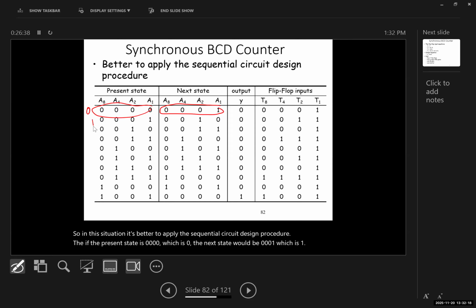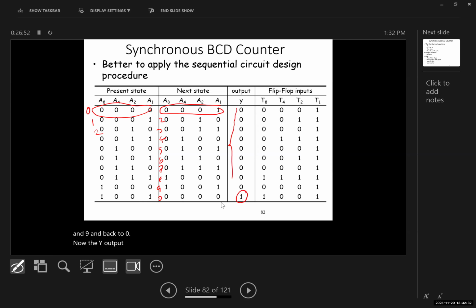And then if it's 1, next one would be 2. If it's 2, next one would be 3, and so on, 4, 5, 6, 7, 8, and 9, and back to 0. Now the Y output would be 0 until we reach the end when we want to circle back to 0. And the flip-flop outputs are equal to the next state.